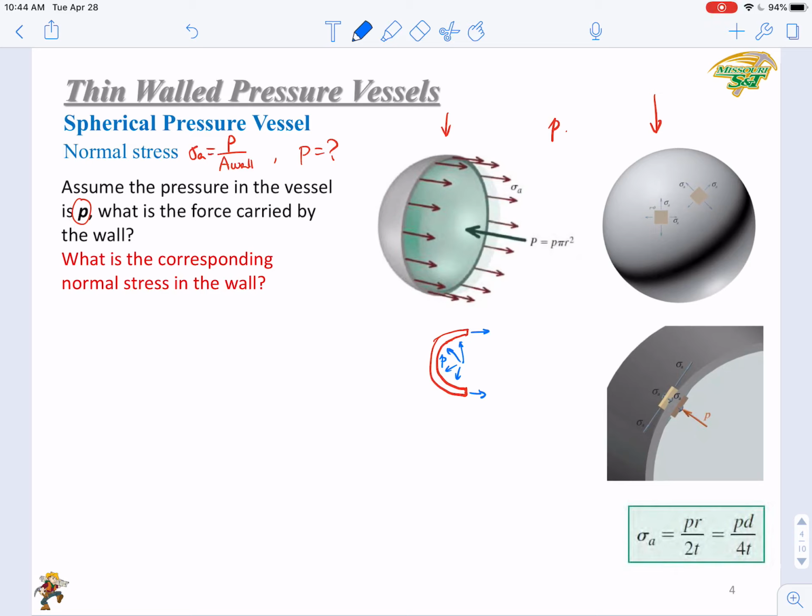Then how to do this? I need to recall the simplifications we made in chapter 1 to calculate the bearing stress. We need an area to calculate that bearing stress. To do that, P equals pressure times A equivalent. So what is A equivalent?